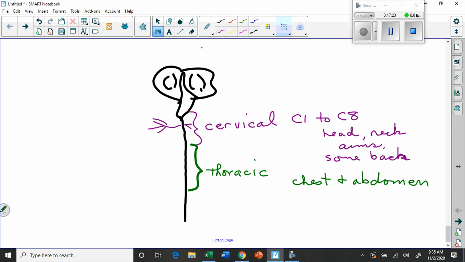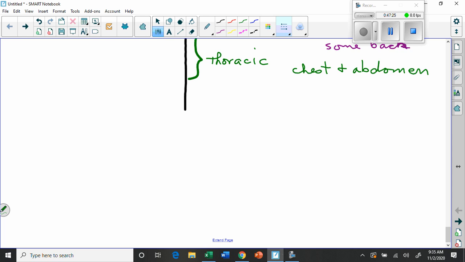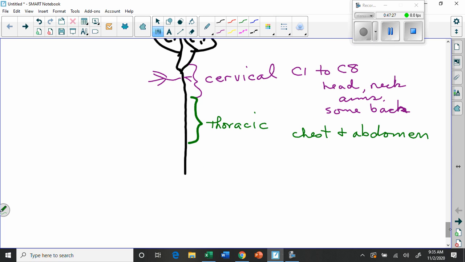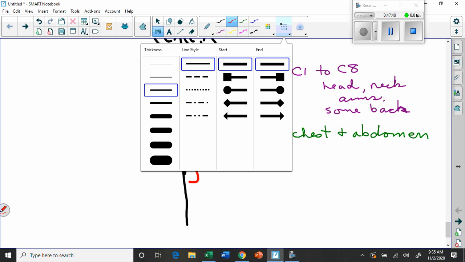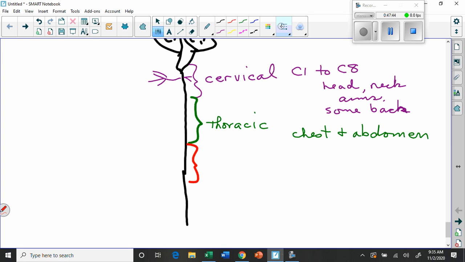Then we have, I'm going to run out of room here, another layer. I'm going to have to extend my spine a bit. We have another layer called the lumbar region. There's actually two more after this, but they're small. The lumbar region of the spine. Oh, and I didn't write the vertebrae.